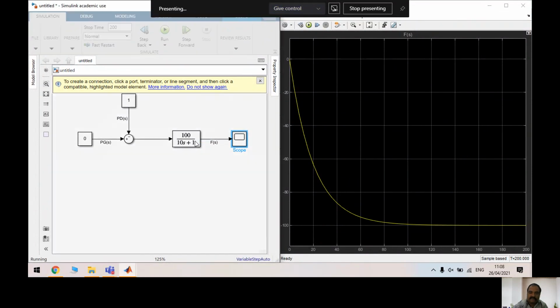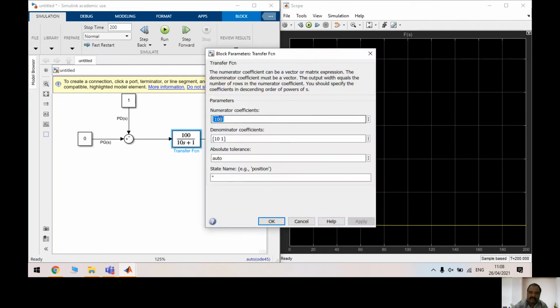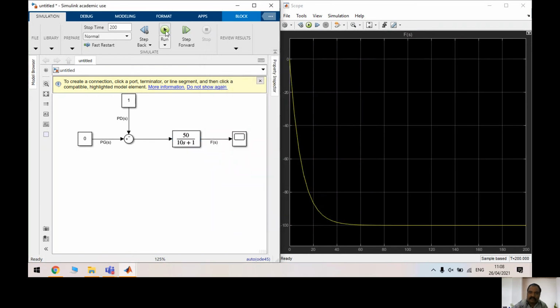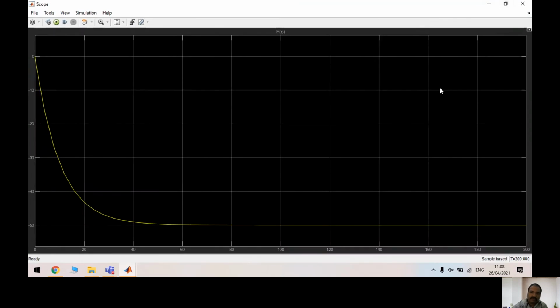See, time has reduced to half, because 10 is there 5 times, so in 50 seconds I will be getting the settling value. Now, if I change the gain to 50 and run it, see, now it is 100. So there is an impact of gain and also time constant on my output waveform. So you should choose them wisely.